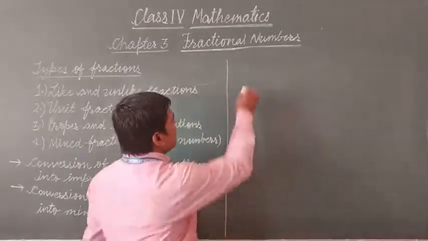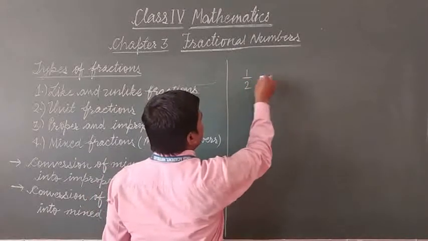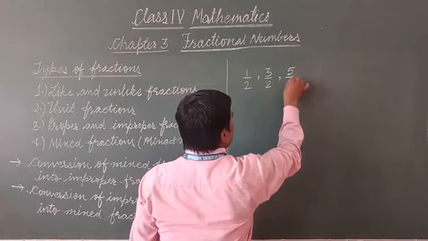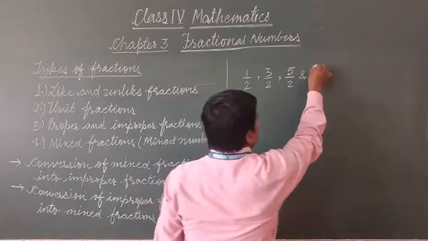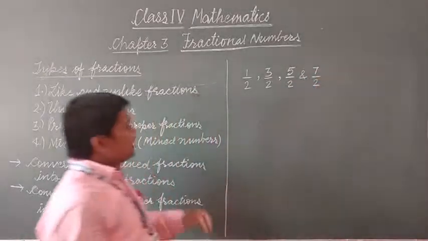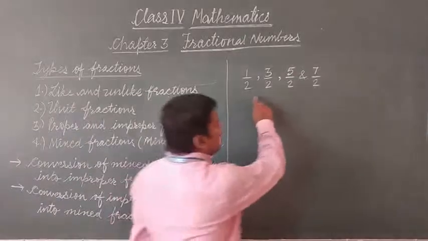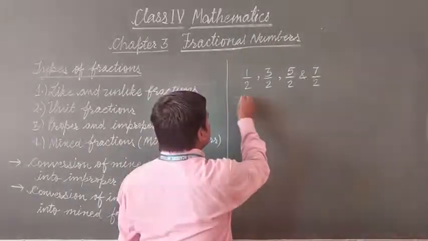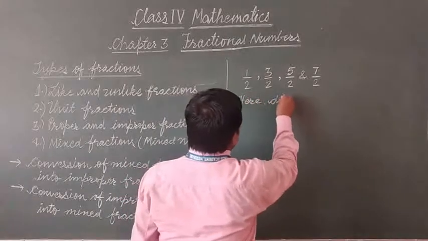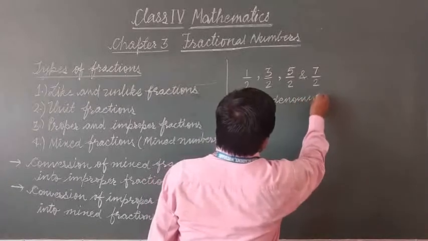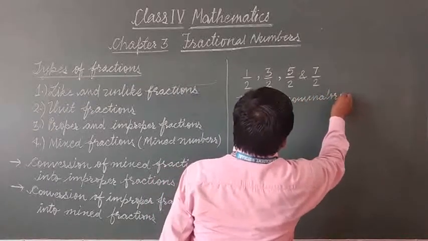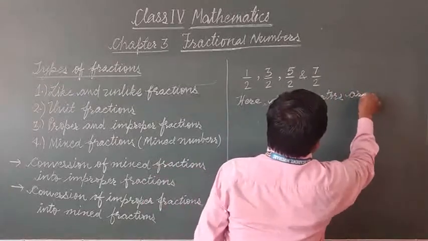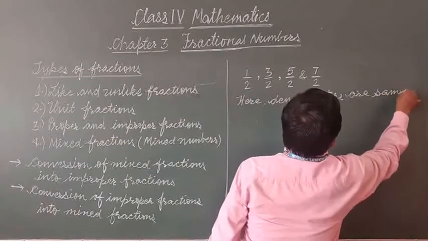Look here, if we have the fractions 1 by 2, 3 by 2, 5 by 2 and 7 by 2. You are observing that in all these fractions the denominators are the same. Here you can write: denominators are same.